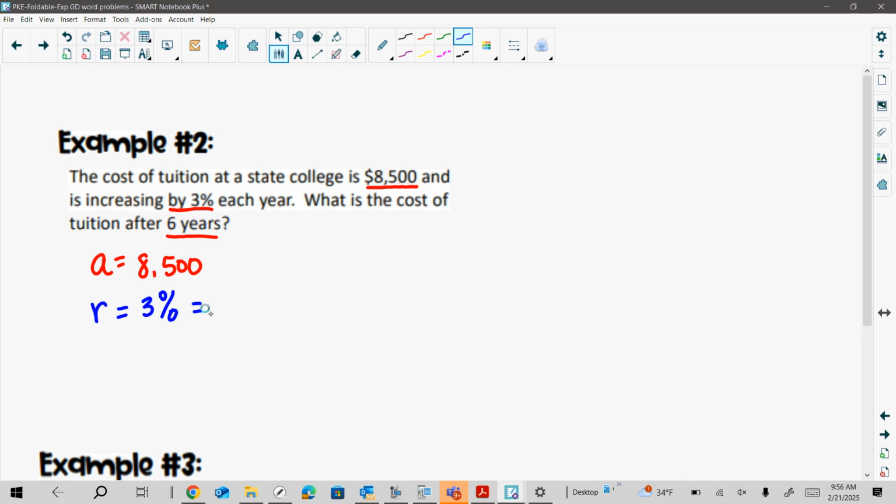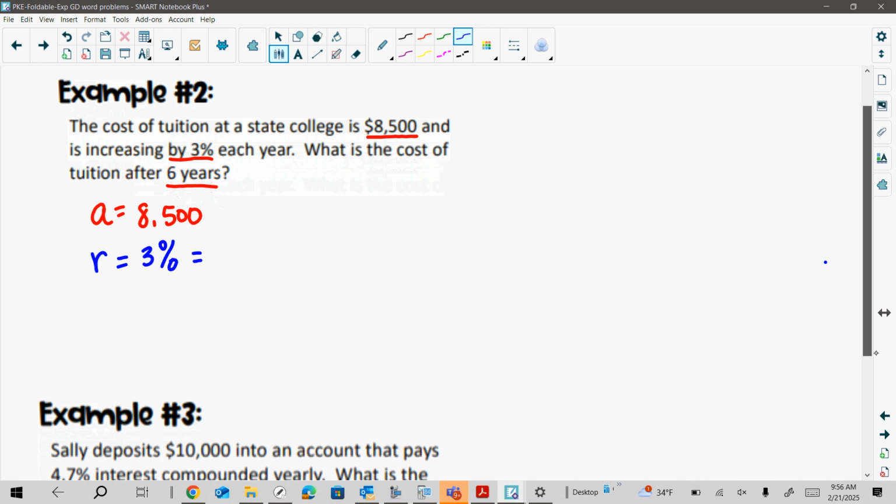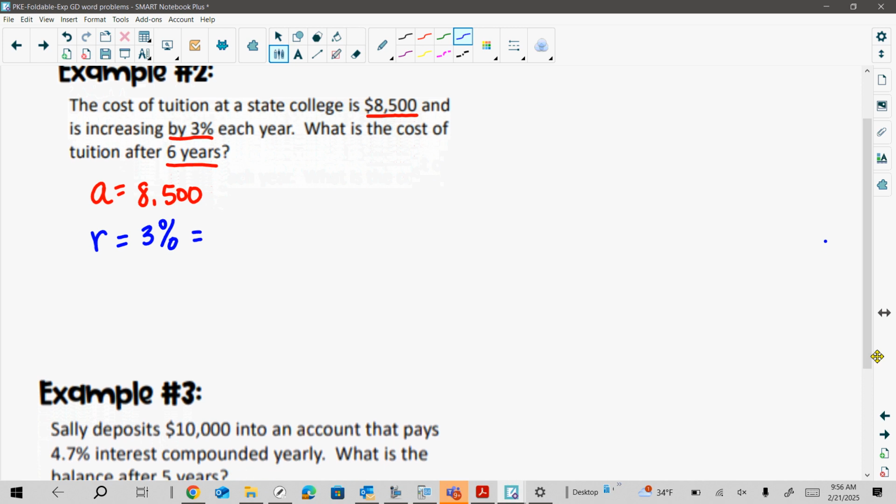But we cannot just write 3. We have to change that to a decimal. So what decimal would that be? Yeah, 0.03. To change it, just divide by 100. And then our T, our time, is 6 years.